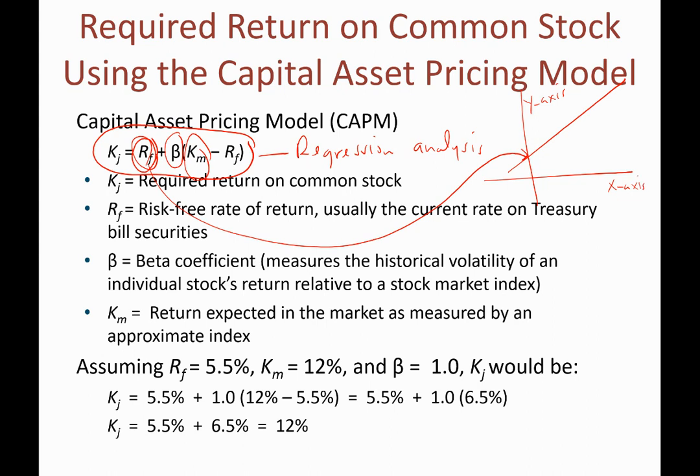Where the line cuts the y-axis represents the risk-free rate. And the beta here represents the slope of this line, which is what we call the gradient, or how steep it is. That steepness is what the beta coefficient is, right?